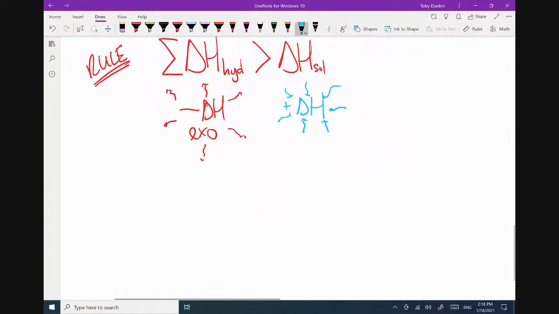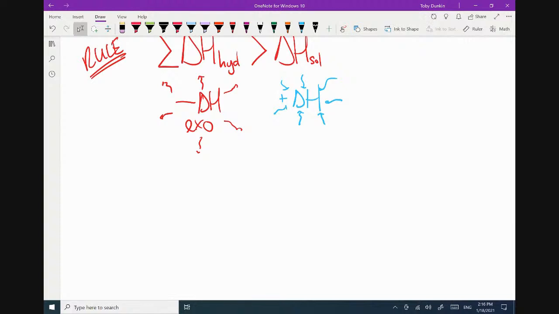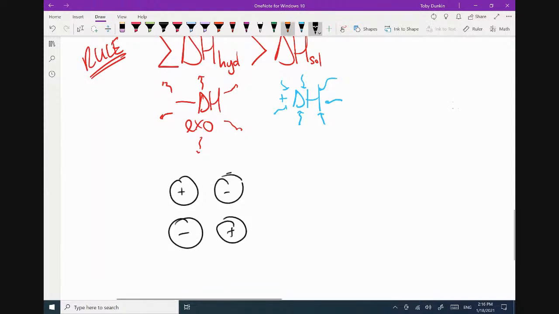So the diagram here: dissolving involves a giant ionic lattice, held together by electrostatics, through and through.